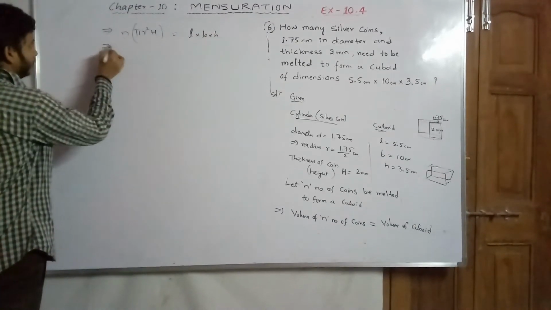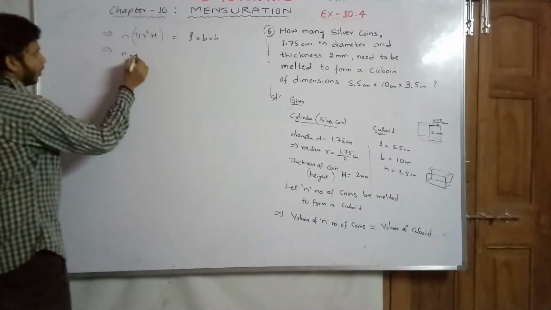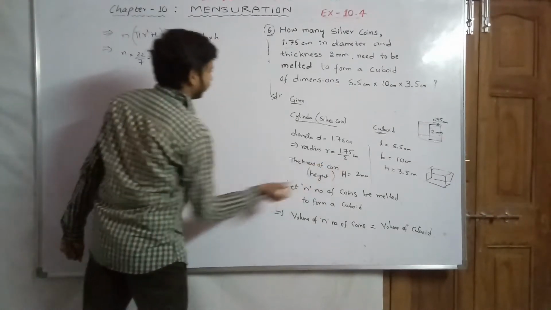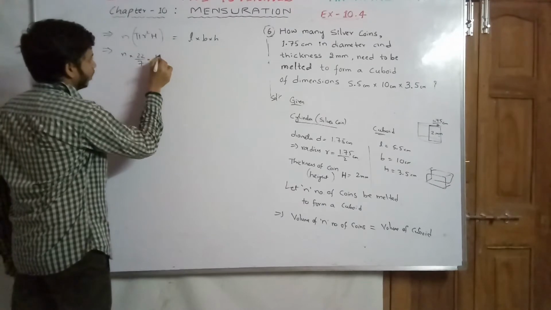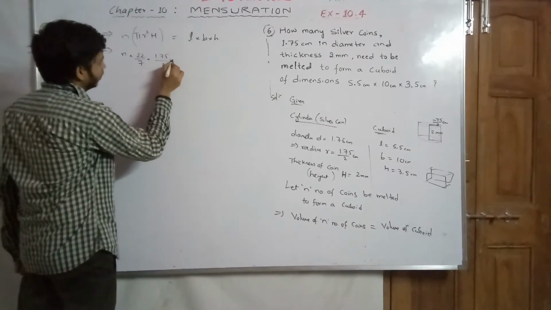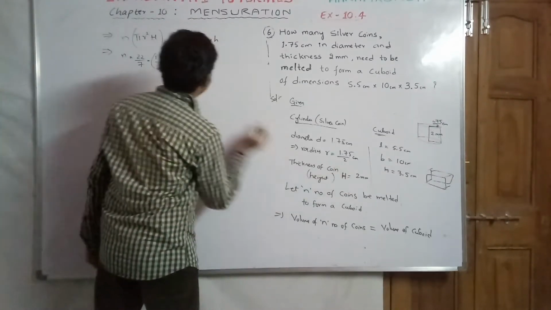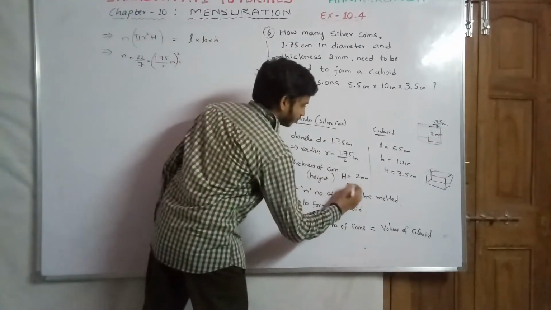So n into pi, which can be taken as 22 by 7, into r square. The small r value here is 1.75 by 2 centimeters, whole square, into h. The capital H value is 2 mm, which we convert to centimeters.